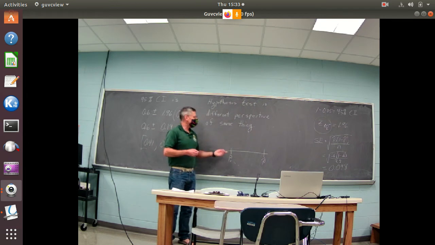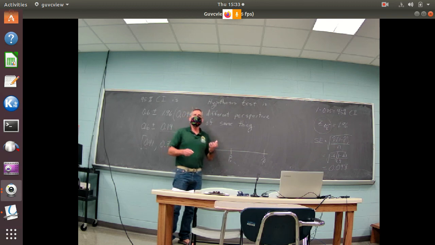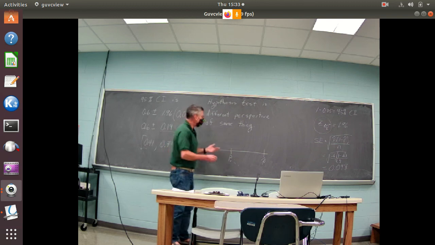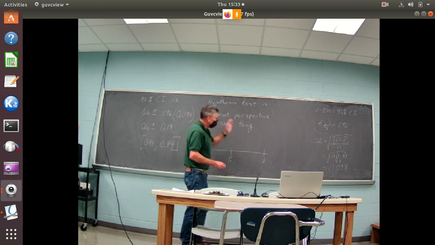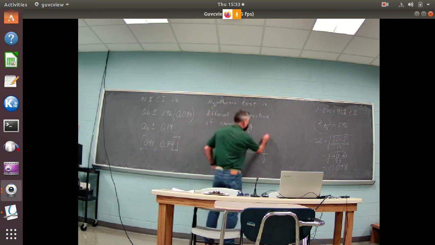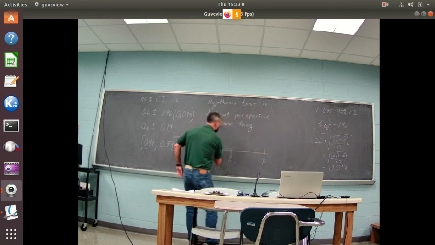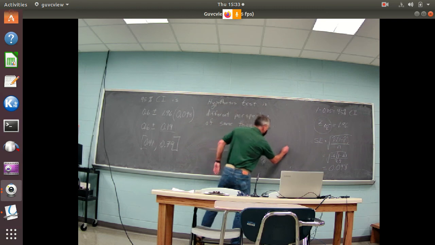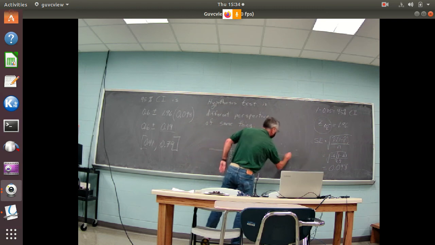Now, if we computed the standard error exactly the same way in both cases, in a confidence interval, we're saying, here's the center of our distribution, and that distribution looks like that.